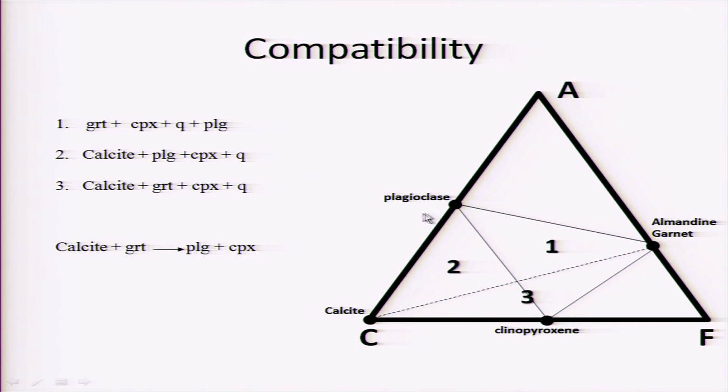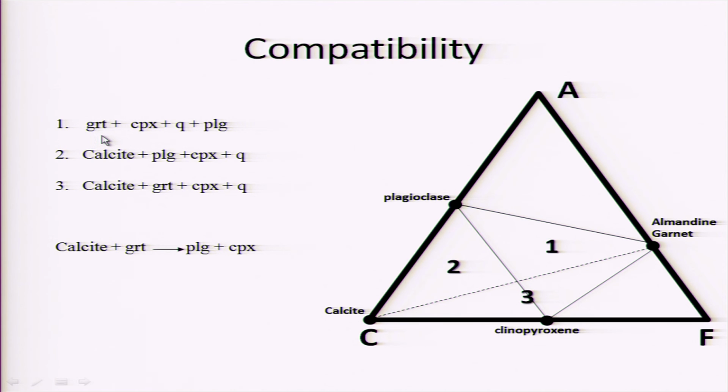Let us discuss why we are using this diagram and its utility. Supposing in a metamorphic terrain, there are different assemblages present. In an ACF diagram, let us consider 3 assemblages.